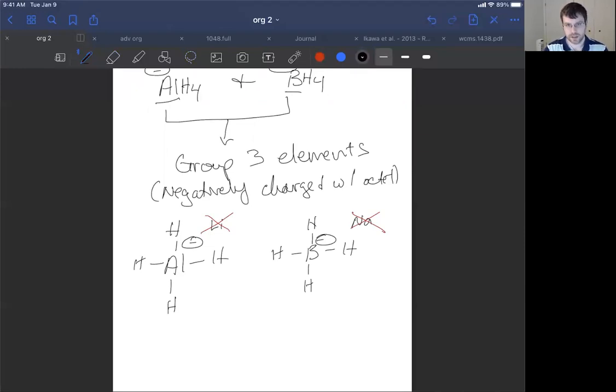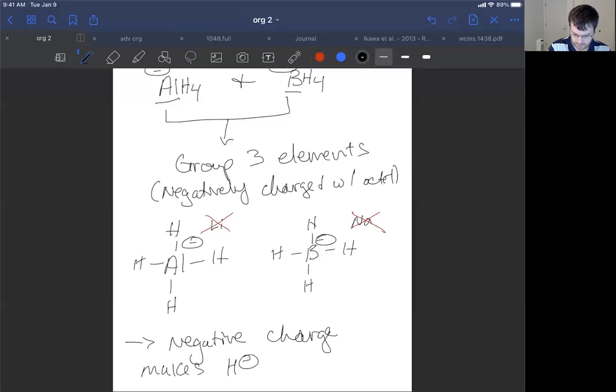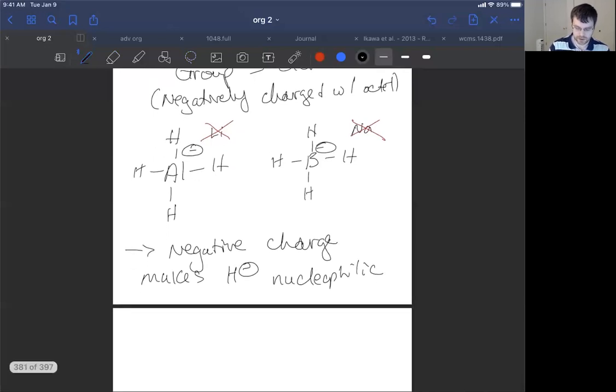Now, it turns out that the negative charge in the group 3 element is going to render the hydrogen atoms nucleophilic. It makes the H minus nucleophilic.